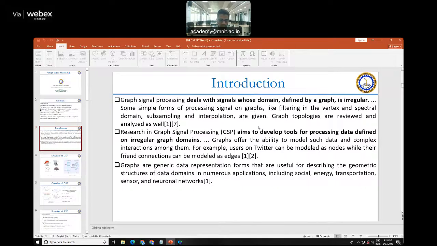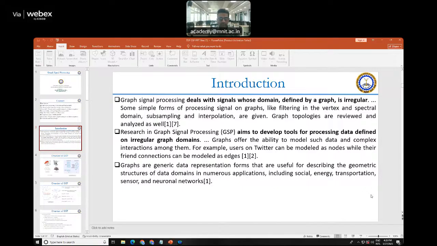So this is the thing. In the same way, when our signal is defined in the form of a graph, what will its representation be? That will be interesting to see. Because remember, whatever the representation is, that is the key thing when we find the algorithms and apply those algorithms.